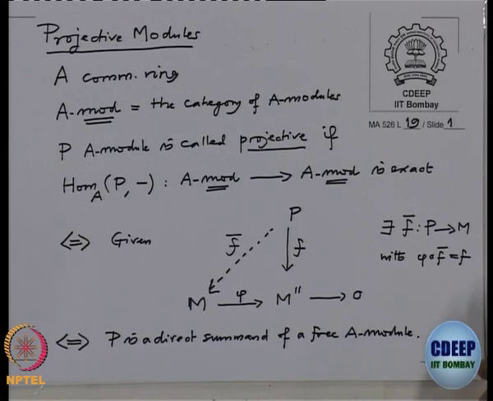In general, every module may not have a basis over an arbitrary commutative ring. So, if a module has a basis, then you call it a free module, and then one proves that the number of elements in a basis is constant. I mean, any two bases have the same cardinality, like the theorem in linear algebra.